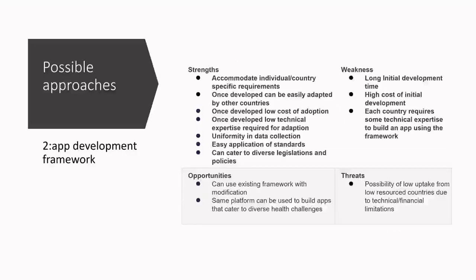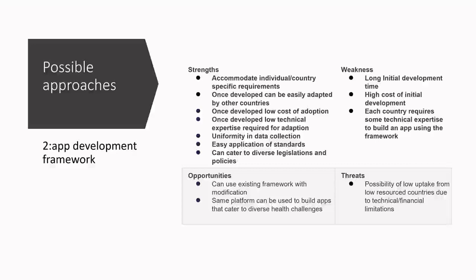The second option we thought of was the app development framework. Framework development is a much bigger task compared to a mobile app. It will take some time. You need more budget, and also you need more expert developers. But we can see there are some opportunities and strengths.